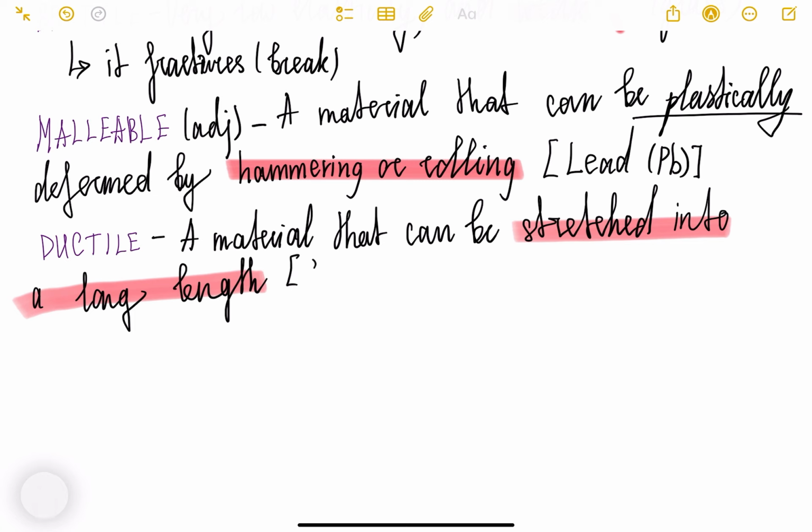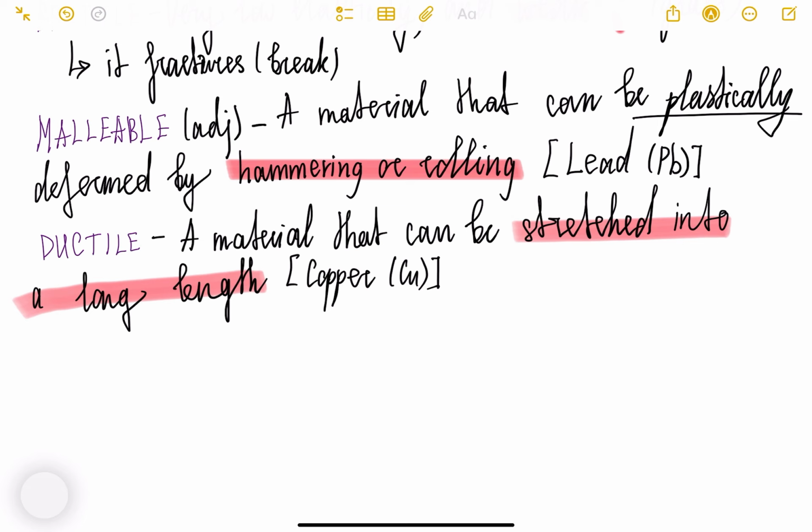And this is the example of copper, Cu. You know, copper is a very common material. Also, this is an element, right?